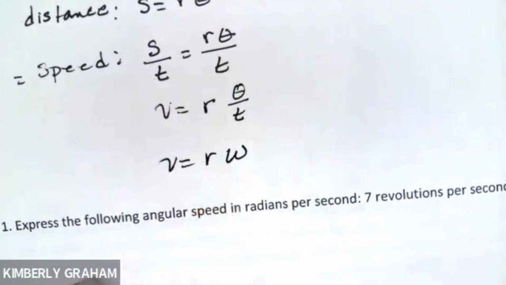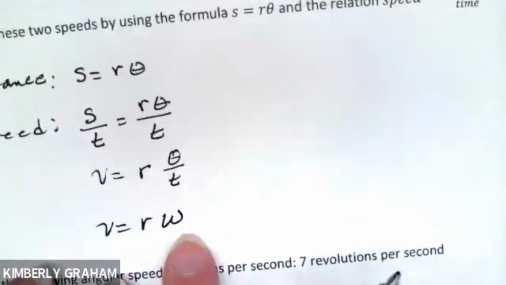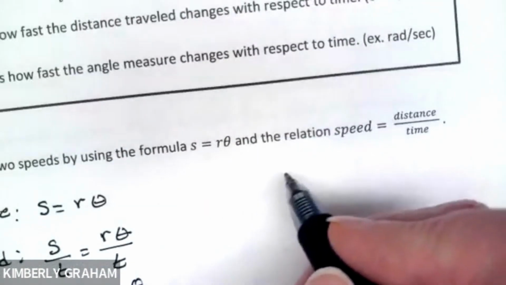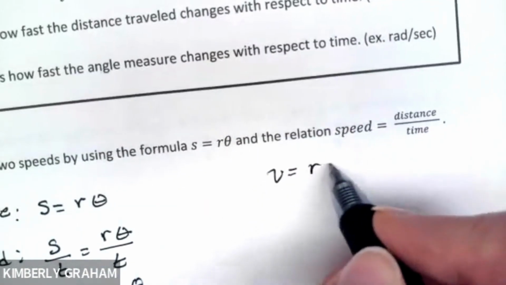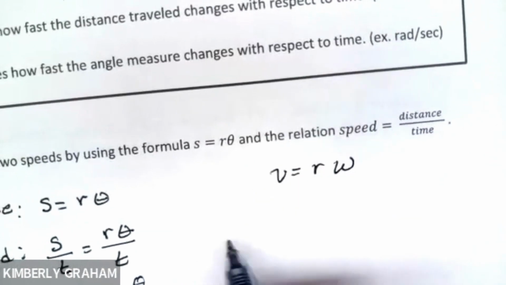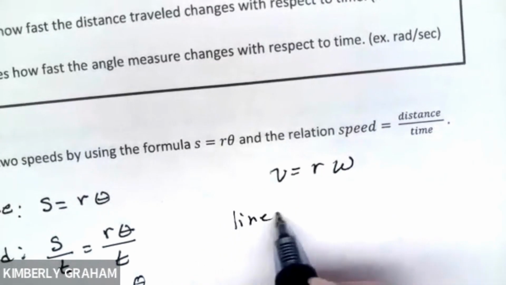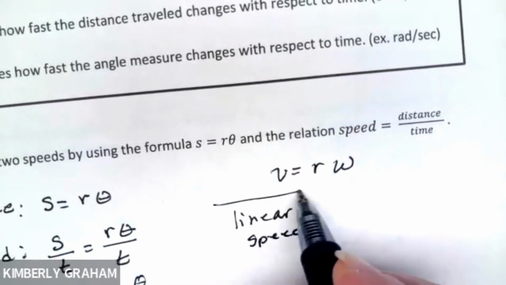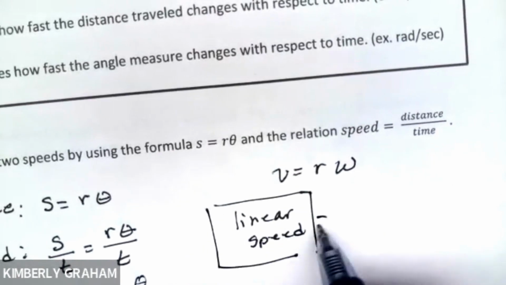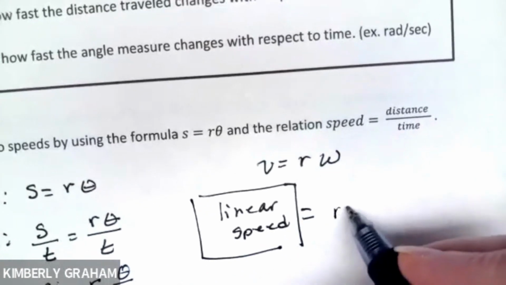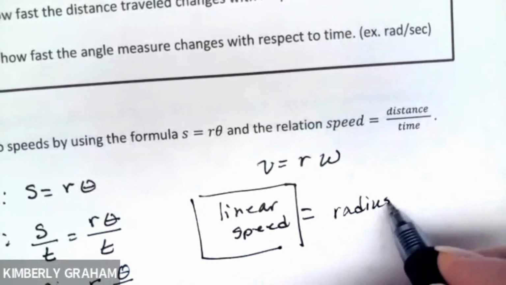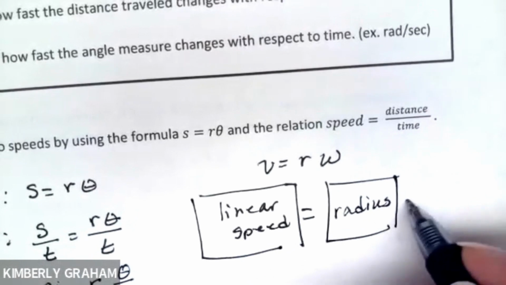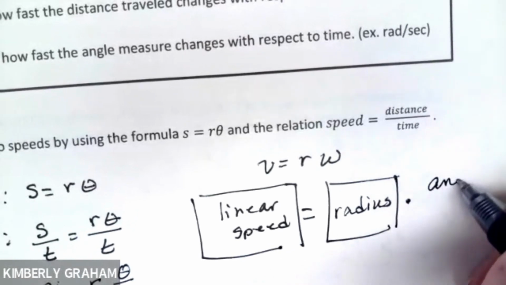So basically how these relate, I'm going to rewrite this formula over here because I ran out of room. Linear speed is equal to the radius times angular speed.